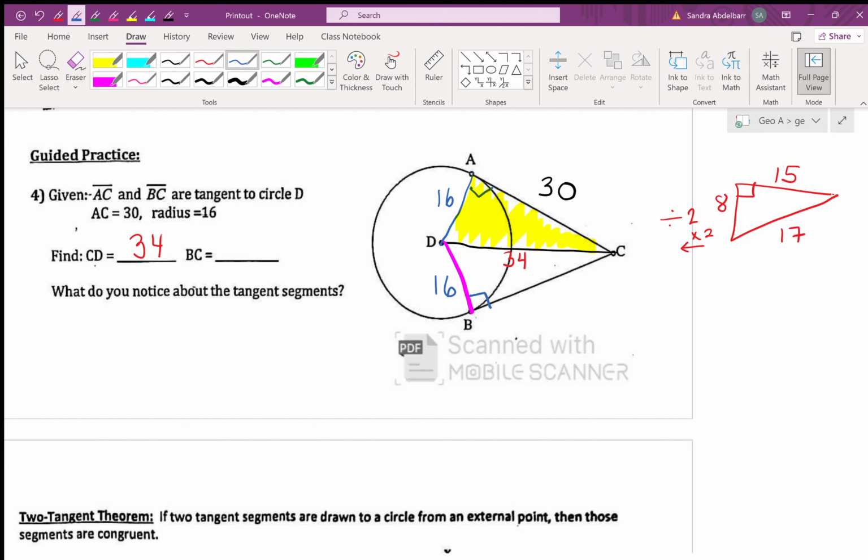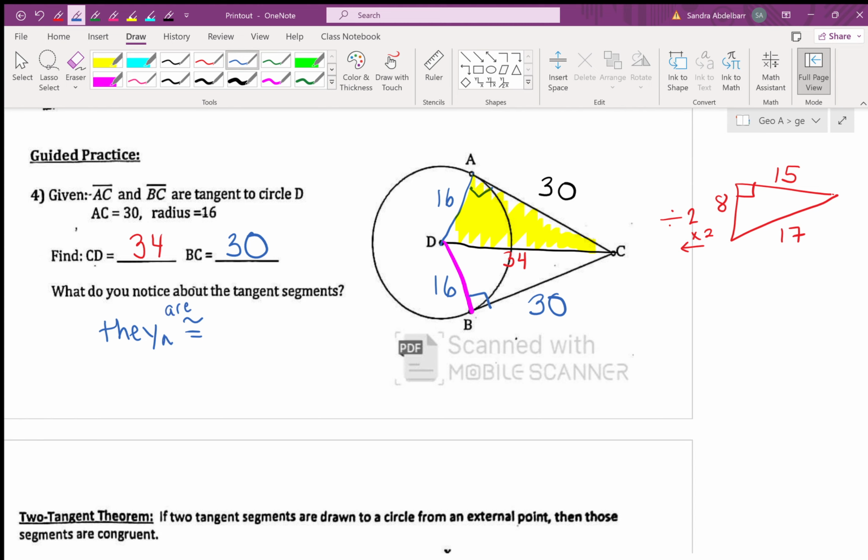And this ends up being another, basically a congruent triangle to the other one. This is 16, something, 34. What was that missing side on the other triangle? 30. So BC is 30. What do you notice about CA and CB? They are congruent. That's not a coincidence, guys. That is not a coincidence.